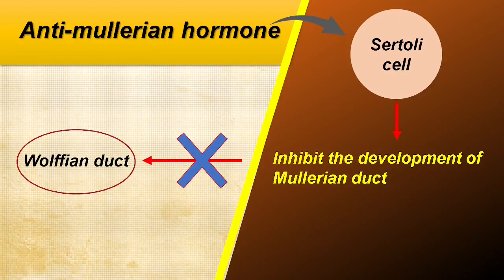The Wolffian duct requires extra stimulation, or androgen, for development. Without androgen, the Wolffian duct will not develop, even though you inhibit the Mullerian duct. So the Wolffian duct requires androgen for its development.